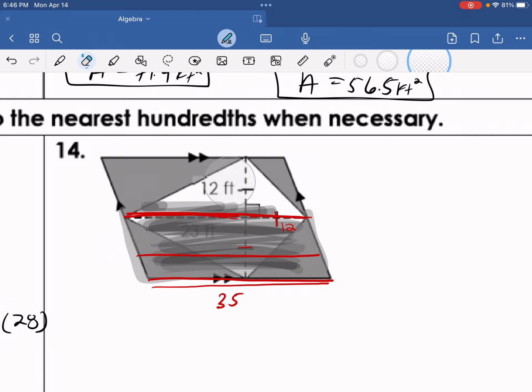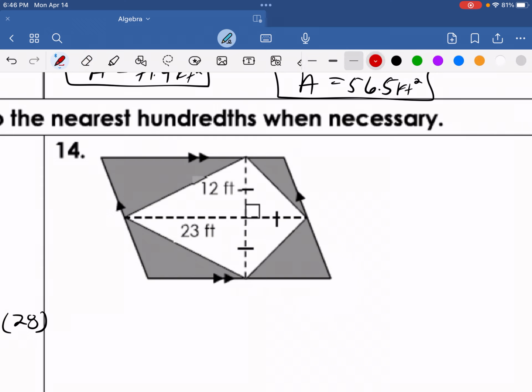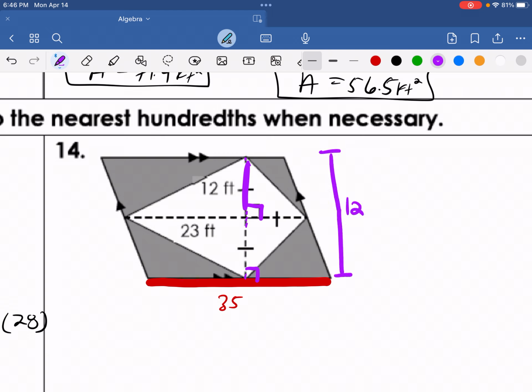Now, for the height, if this is my base, which is 35, the height is the one that makes a 90. So that would be coming from right here. It would hit at a 90. Okay, so if this is 12 and this is 12, it means the whole thing from top to bottom is 24. 12 plus 12, 24.